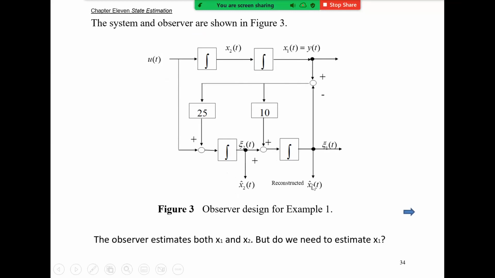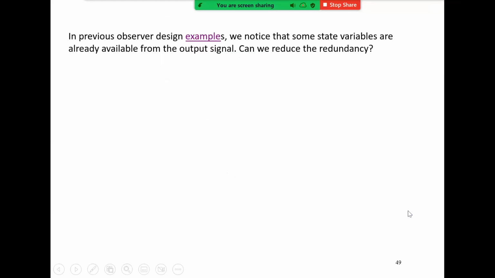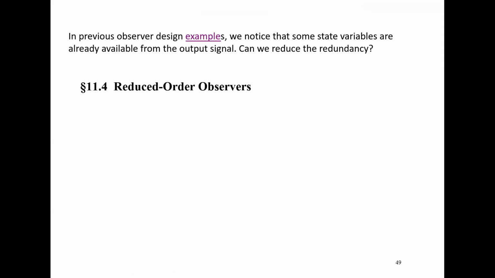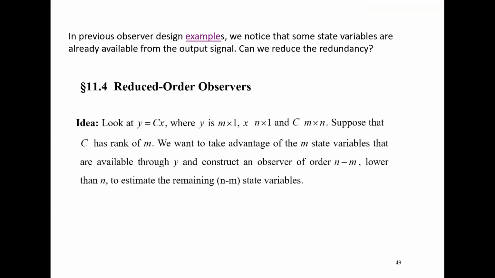So there is no need to estimate x1. We only need to estimate x2. That is the issue we want to resolve. We want to reduce the order of the observer because we don't need to estimate all the state variables. Some of them may already be available from the output. So this is the motivation.